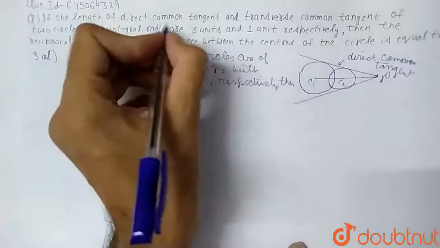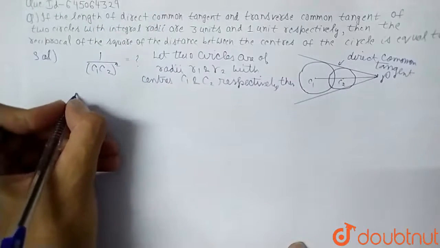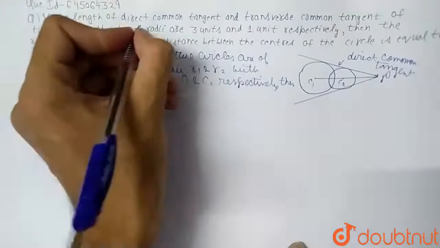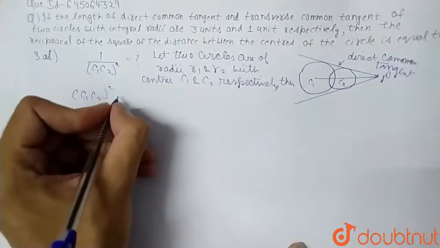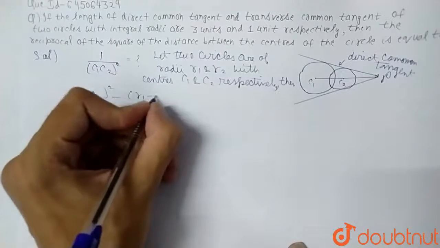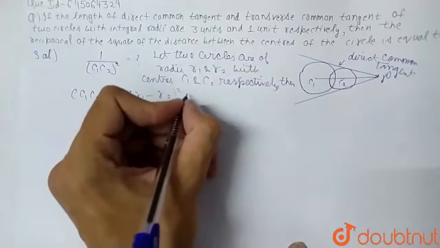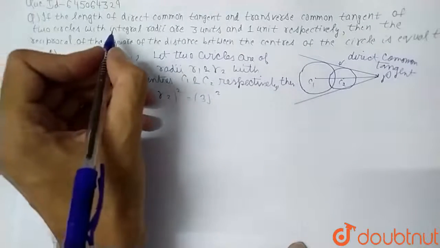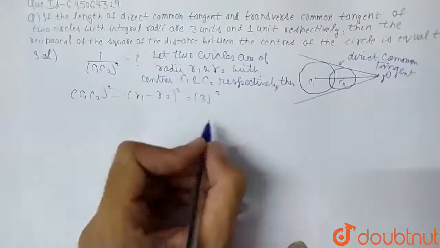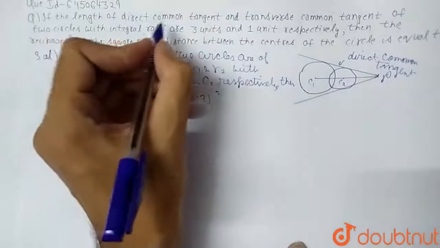The first equation, for the direct common tangent, is C1C2 whole square minus (R1 minus R2) whole square is equal to 3 square, because 3 is the length of the direct common tangent. This is the formula for the direct common tangent.